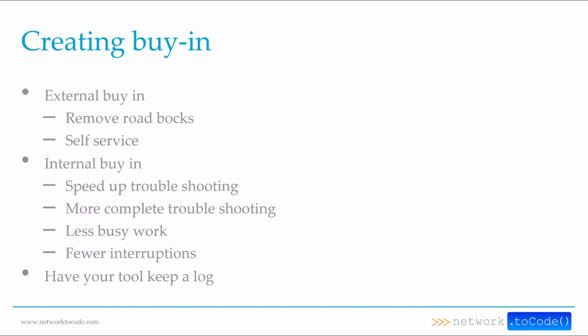We also should be having less busy work and fewer interruptions because your external departments are now using your self-service tools. It's also helpful if you have your tool keep a log just so that you know which teams are using your automation so you can better target it, and it helps show that it's actually worthwhile.